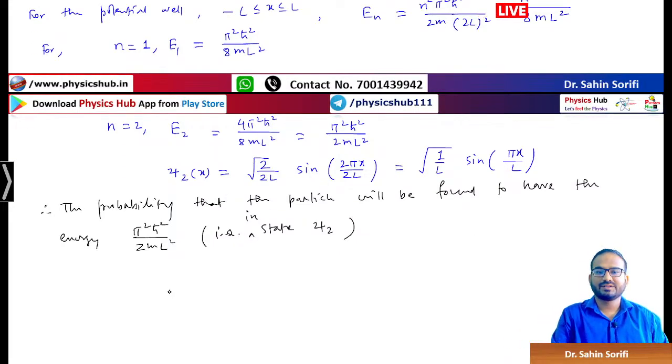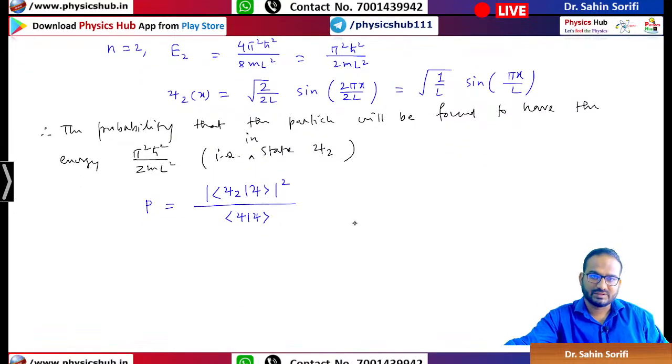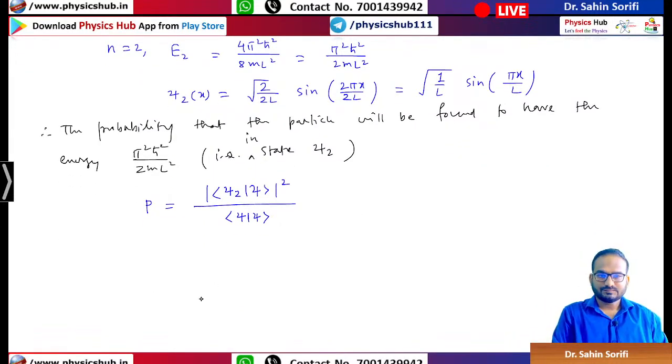So what is the probability? You know the formula for probability. Look, we have to find out in state psi 2. So you know, psi 2 psi mod square divided by psi. So from quantum mechanical postulates, we know this formula, right? So this is bra psi 2.